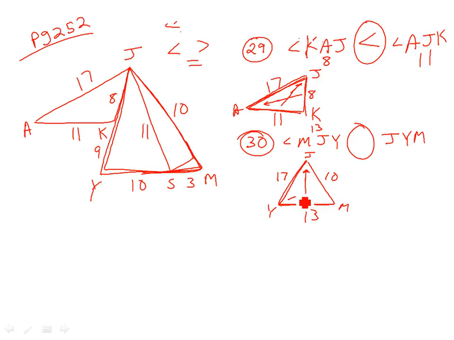JYM, that's this angle. Which side is it across from? So which one of those angles has to be bigger, Tristan? This one? So what symbol do we put in here? Since the 13 was bigger than the 10, that angle has to be bigger than the other angle.